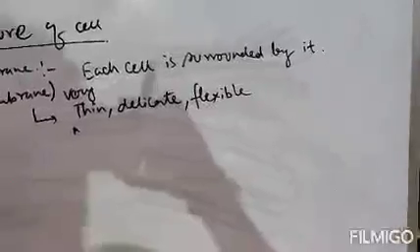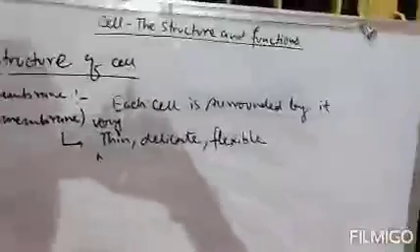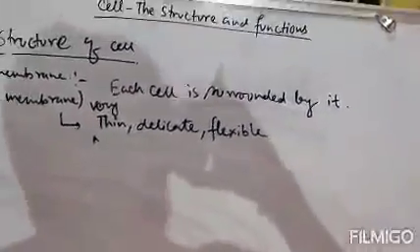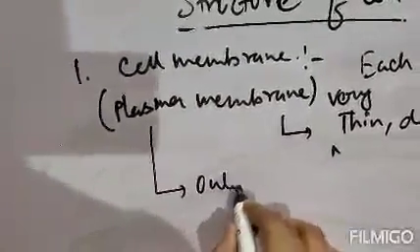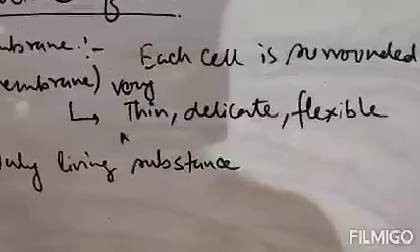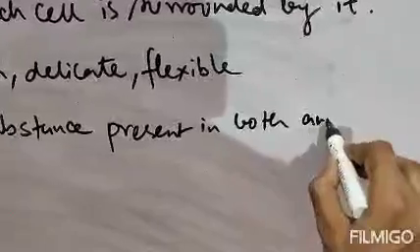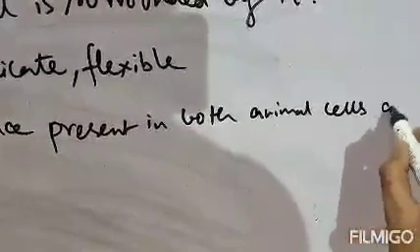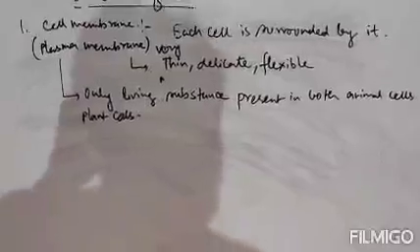The cell membrane or plasma membrane is the only living structure, or only living substance, present in both animal cells and plant cells.